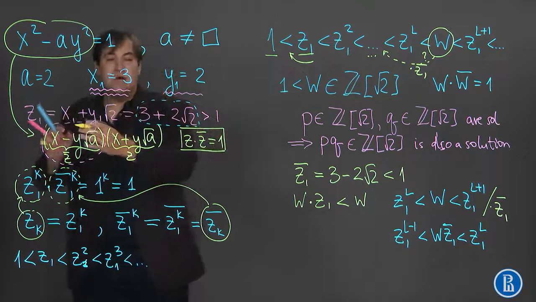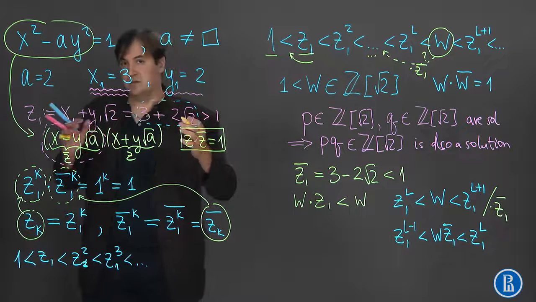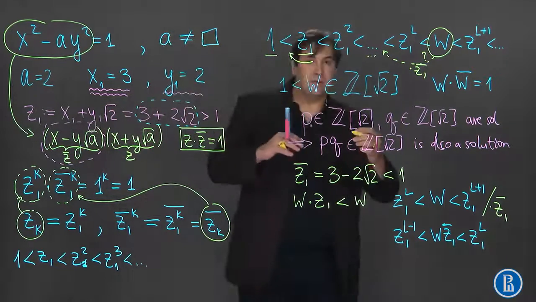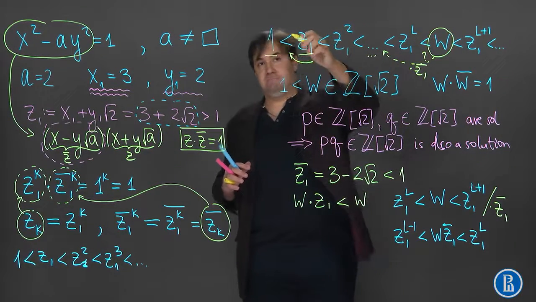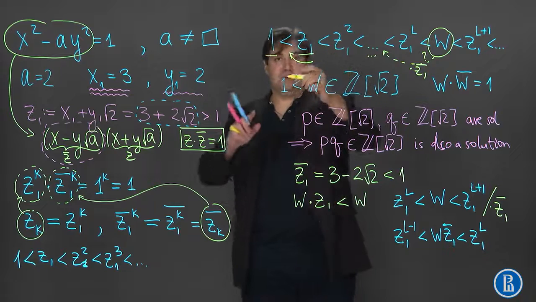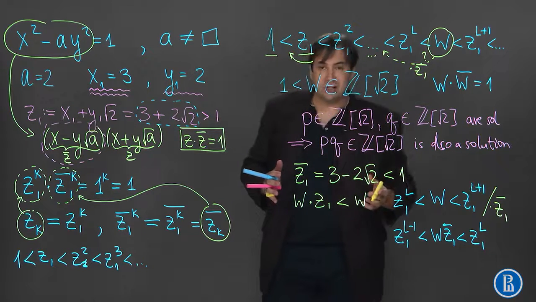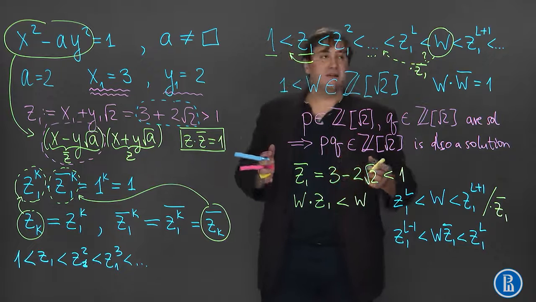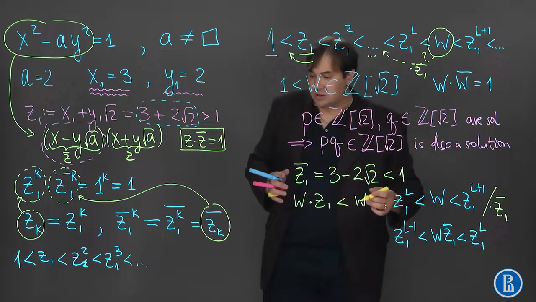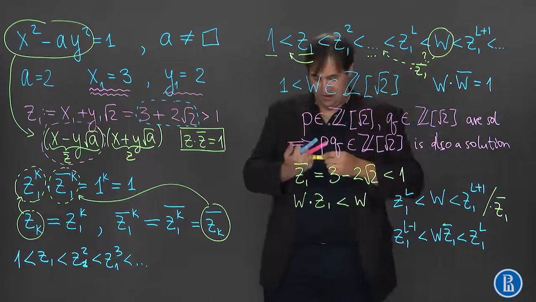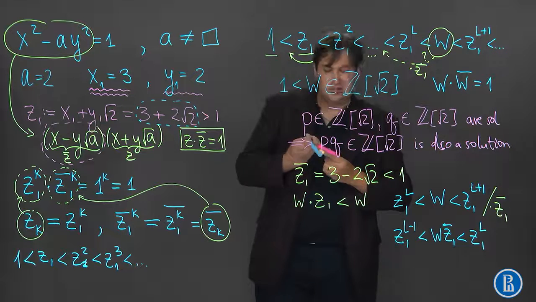Since z1 is the least of the solutions of Pell's equation, carrying another solution between them is not possible. So this is a contradiction, which finally proves that there are no other solutions than those which are part of this geometric progression.